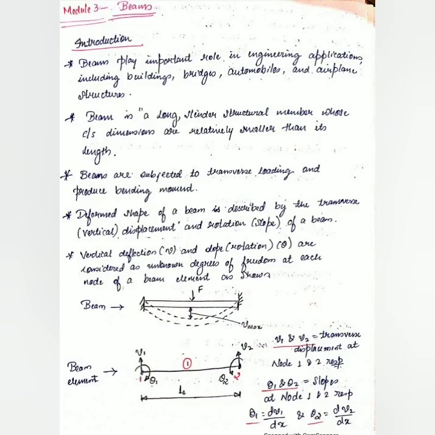So here the y term is vertical displacement v and x remains as it is, and slope is represented by theta. So in our FEM, the beam element has 2 degrees of freedom at each node: one is vertical deflection or vertical displacement V, and another is slope, that is theta.